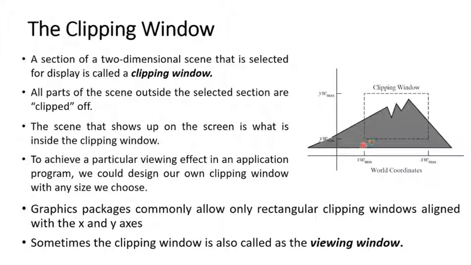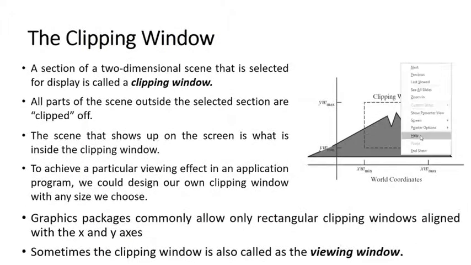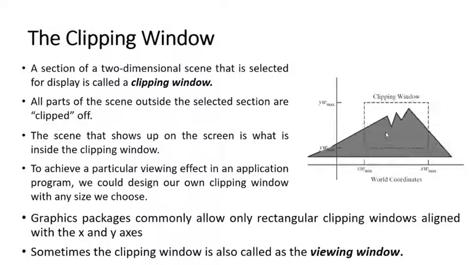Now, graphics packages commonly allow us to use a rectangular clipping window. Theoretically, we can consider the clipping window not just as a rectangle, but in any shape. For example, if I consider a rhombus shape as my clipping window, only this much portion has to be displayed in my output window.